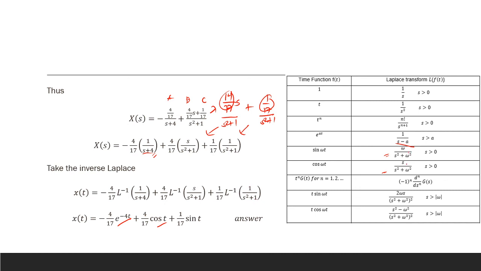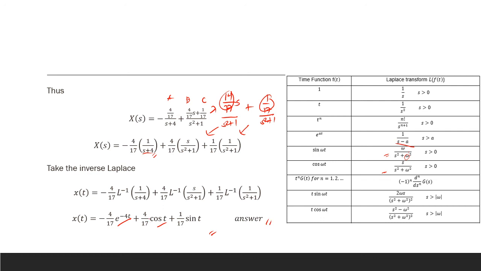Omega natin is 1. So, that is just sine t. So therefore, our final answer, class, is negative 4 over 17 e raised to negative 4t plus 4 over 17 cosine t plus 1 over 17 sine t. So that is our final answer.